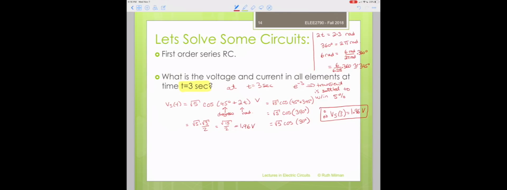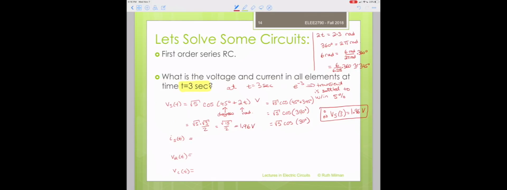So let's look at our equations. Let's backtrack for a minute and write down everything we have. So we have the voltage in our source. We have the current in our source. Let's try and write that so it doesn't look like a derivative. We have the voltage in our resistor, and we have the voltage in our capacitor.